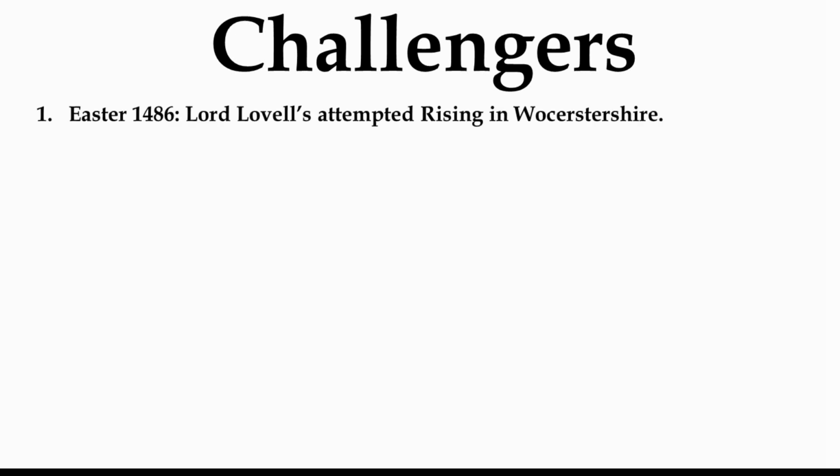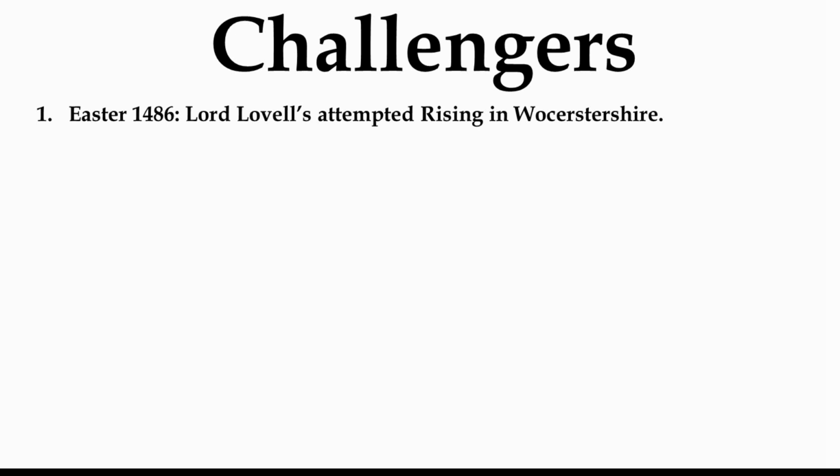Now, it wasn't plain sailing for Henry VII, and there were a lot of challenges to his throne to try and usurp him, as he had done Richard. Now, the first one of any significant note is Lord Lovell's Rising, which happened at Easter of 1486. Lord Lovell was a prominent noble.